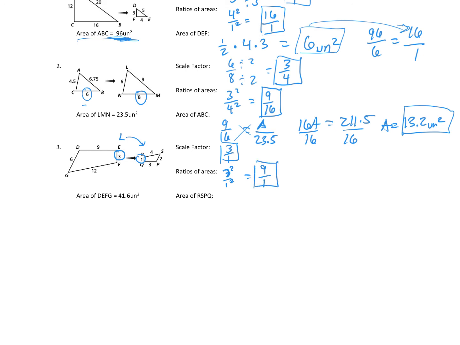So my ratio of areas is 9 to 1. So let's find the area of the smaller one. So 9 to 1 should equal 41.6 over my area of the small one. Cross multiply. 9A equals 41.6. Divide by 9. My area should equal 4.6 units squared.